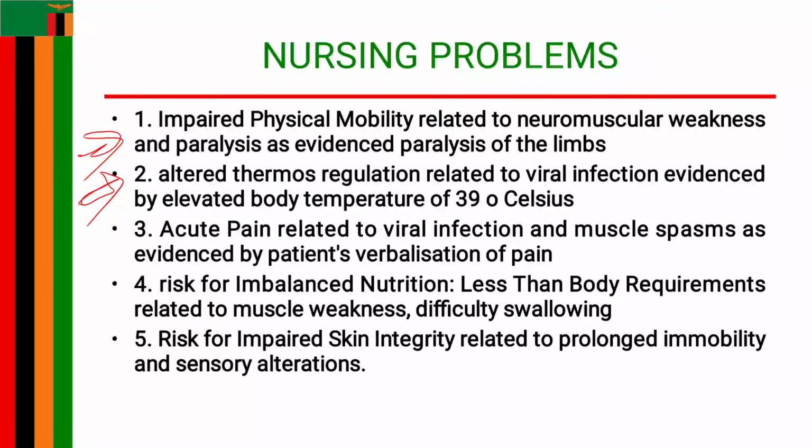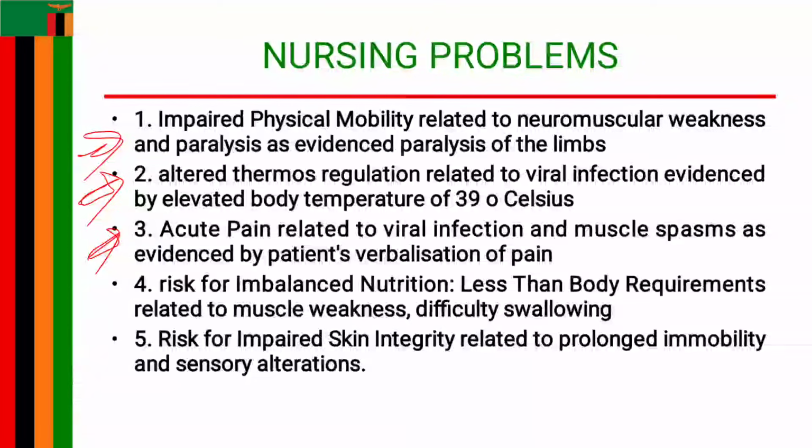Another problem you can see is altered thermoregulation related to viral infection, evidenced by an elevated body temperature of 39 degrees Celsius. We can also see acute pain related to viral infection and muscle spasms, evidenced by the patient's verbalization of pain.